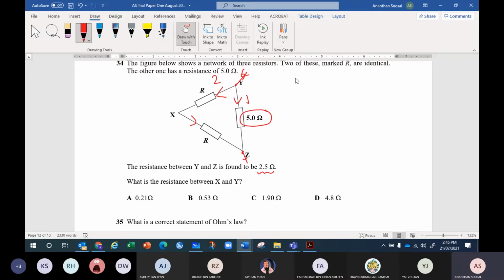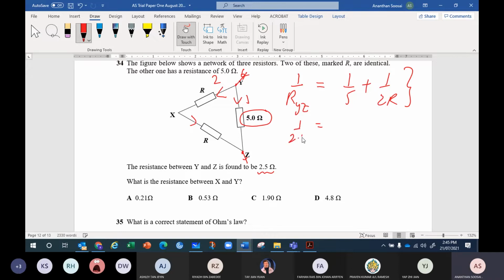So 1 over R_YZ is equal to 1 over 5 ohm plus the second route, 1 over 2R. This is the conclusion made from this 2.5.